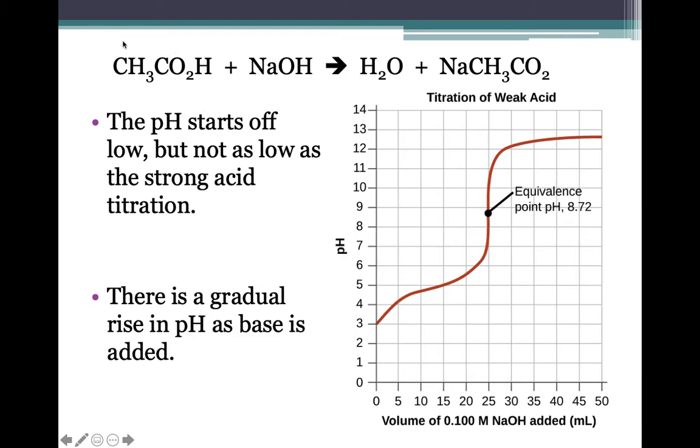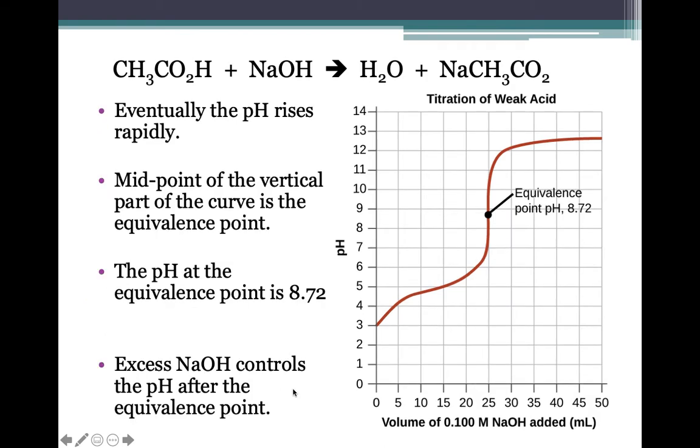Once we use up all of the acetic acid and we get to the equivalence point, our acetic acid has now been all converted to sodium acetate. Now sodium hydroxide will control the pH.